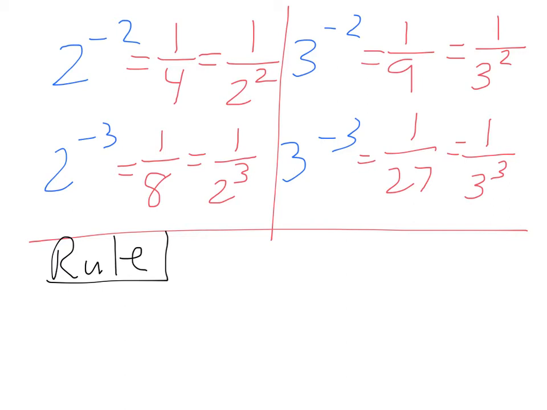The rule says a to the negative nth power is equal to what? One over a to the nth power.